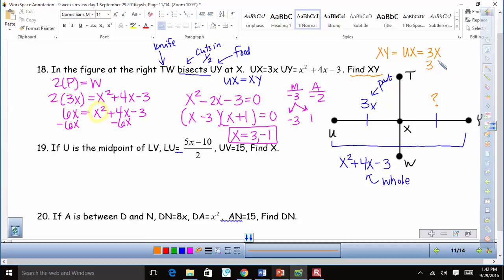If I plug in 3, that's going to give me 9. If I plug in negative 1, I get a negative 3. Can we have a negative distance? No. So my answer for XY would be 9.